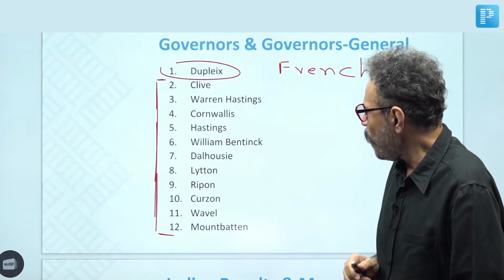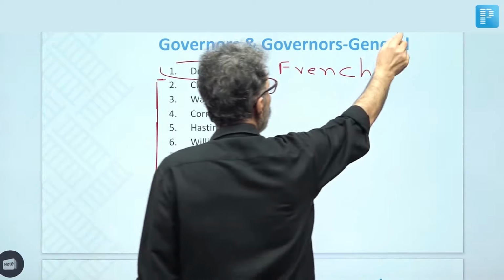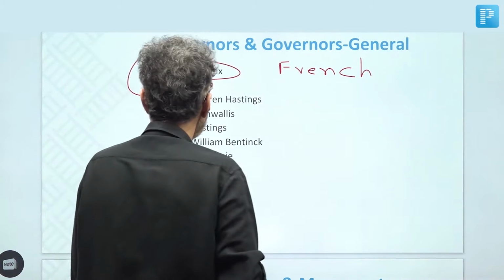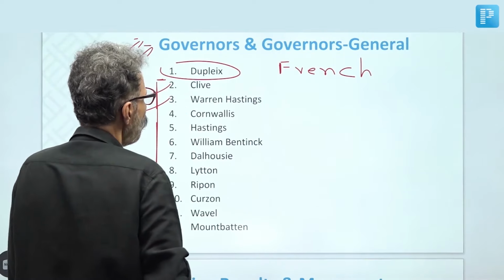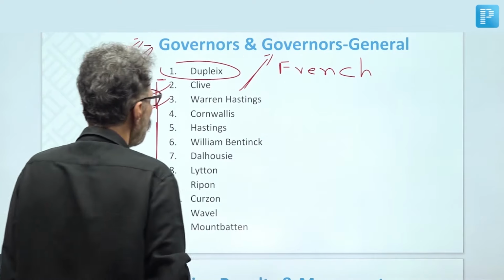Among 2 to 12, the first was the governor of Bengal. Warren Hastings initially was governor of Bengal. Later, he became Governor General of Bengal.